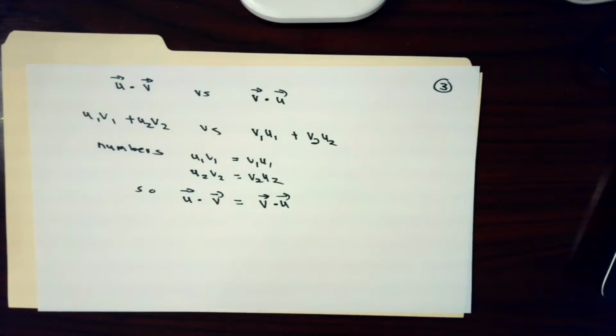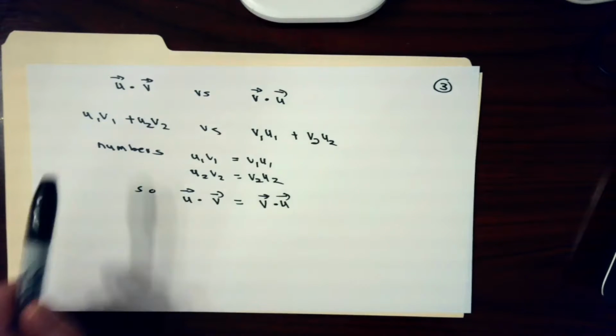It's natural to wonder if this dot product has any interesting algebraic properties. In the real numbers, a times b and b times a are always the same. It's not hard at all to see that the same is true of the dot product. u dot v is u1 v1 plus u2 v2. v dot u is v1 u1 plus v2 u2. Looking at the two-dimensional case, that is. u1, v1, u2, and v2, though, are just numbers.